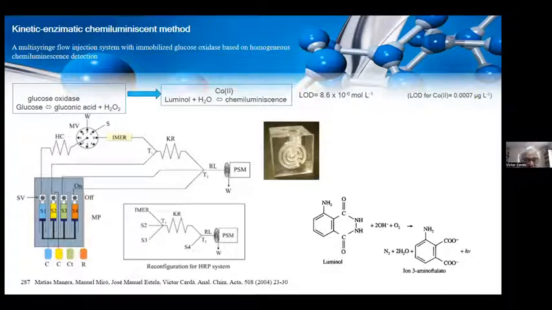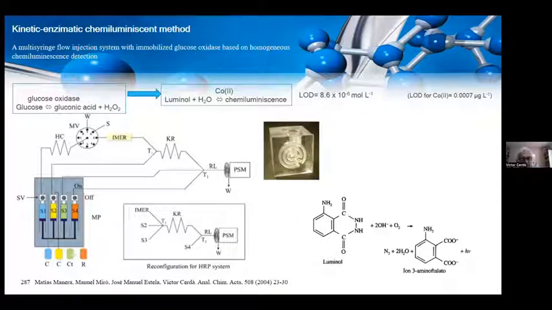And this hydrogen peroxide is able to oxidize luminol, providing water, and this reaction is catalyzed by cobalt(II). The luminol is transformed to 3-aminophthalate.